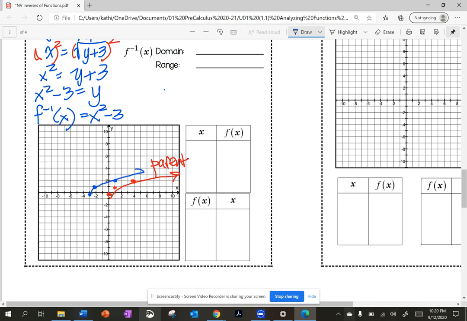So here is my function, f of x. And I'm going to write my 3 primary points down in my table. So I have -3, 0, -2, 1, and 1, 2.